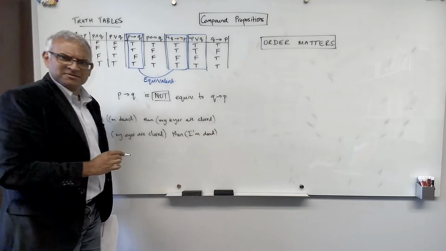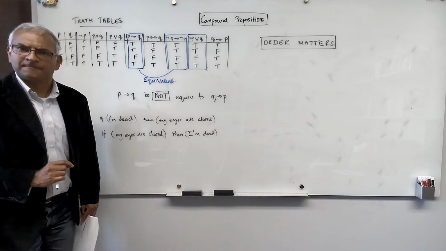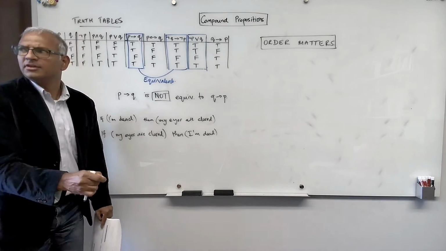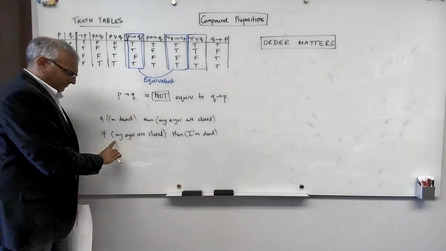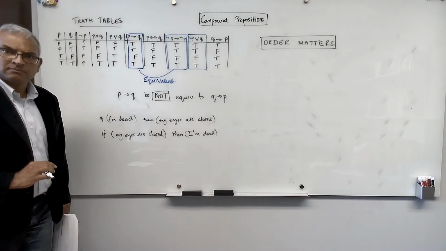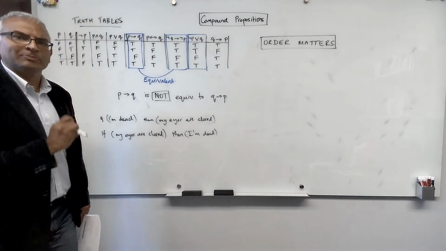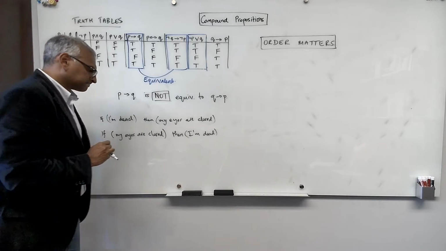You see the difference? All I did is change the order. Very different statements. The order matters a lot when it comes to implication. So if my eyes are closed, please don't conclude I'm dead and bury me. The order matters when it comes to implication.